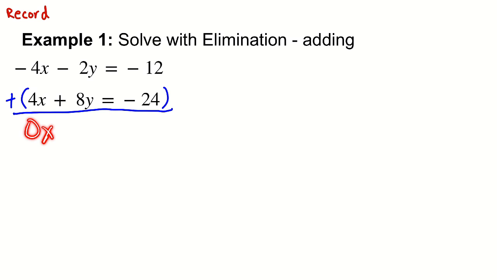Of course, I don't need to write 0x there. Next, we add negative 2y to the positive 8y. Again, we're adding it. So we get 6y. And then our equal signs come down. And then negative 12 plus negative 24 is going to be negative 36. Questions on step 1?